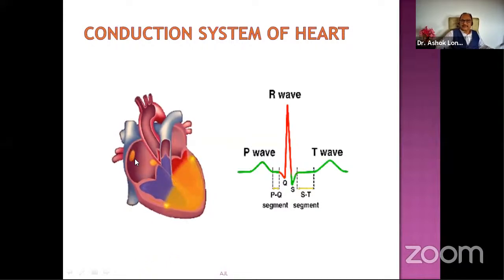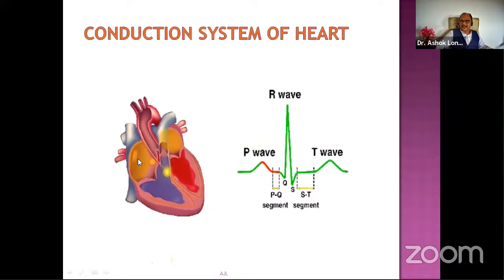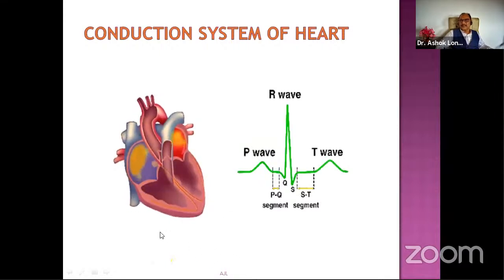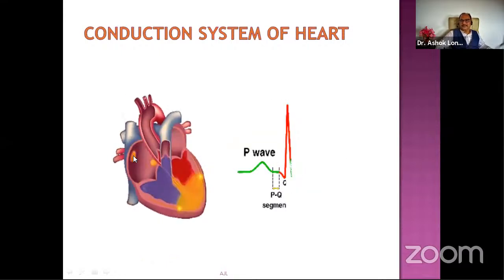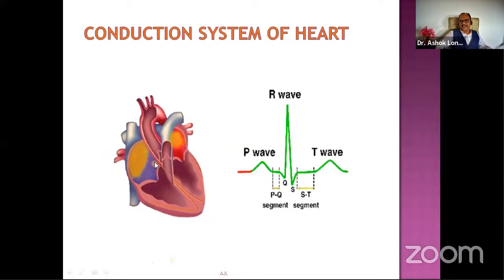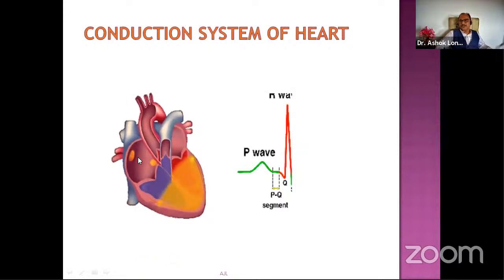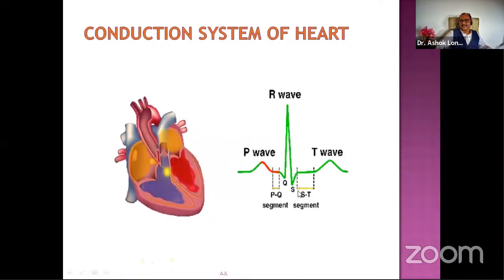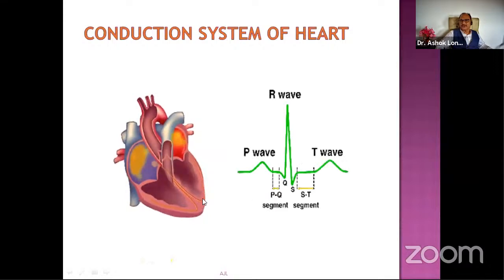Now you know that this structure is showing the current. The current is required to pass from the right atrium on the upper side; the sinoatrial node passes the current to the AV node. Then from the AV node it passes to the bundle, and from there it goes to the left side and the right side. Now as the current passes, we can see how it is passed.